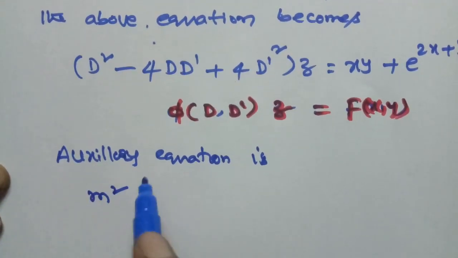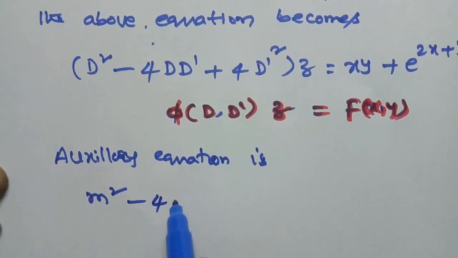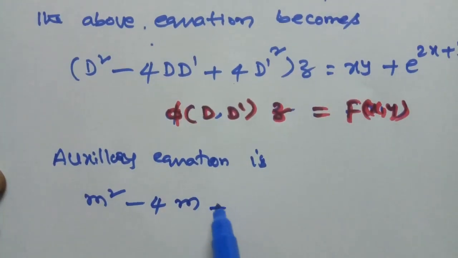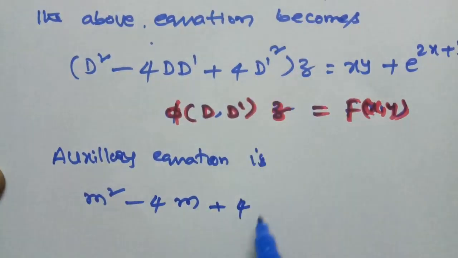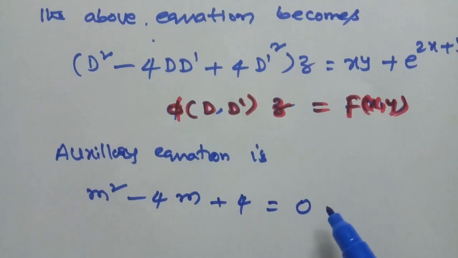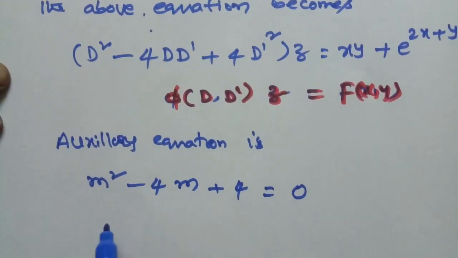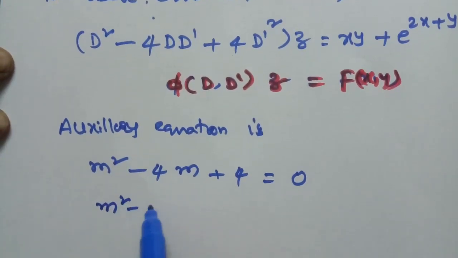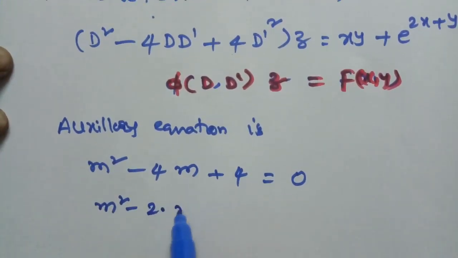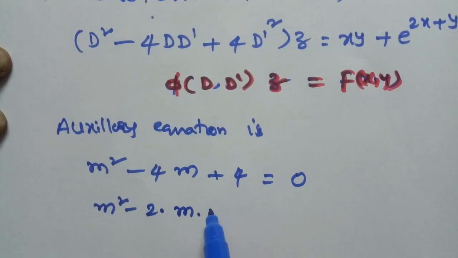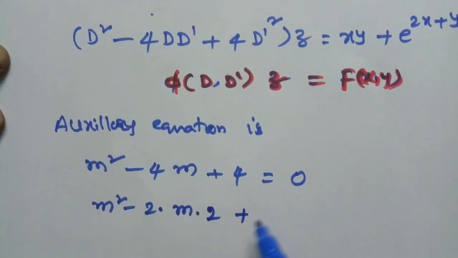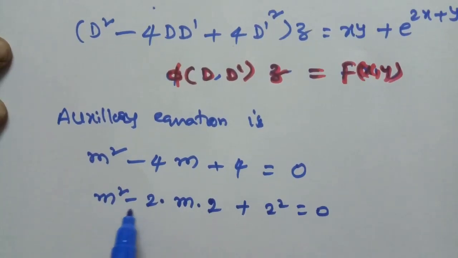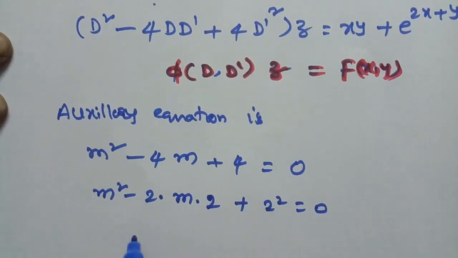m² minus 4 m into D' equal to 1, plus 4 D'² equal to 1², equating to 0. This is the auxiliary equation. Therefore, this can be written as m² minus 2 into m into 2 plus 2² equal to 0. This is a² minus 2ab plus b².